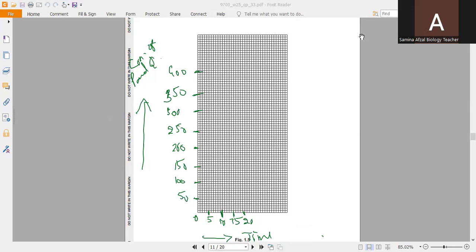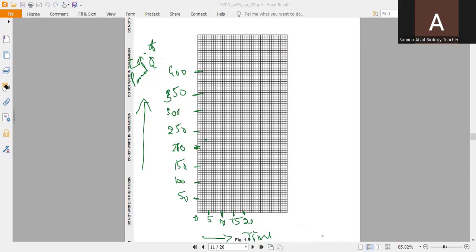First curve, for P: the value at 0 is 200. So we will put a cross over here. The second value, at 5, is 205. It will be about over here. This is a rough graph which I am going to draw. You have to draw with scale.